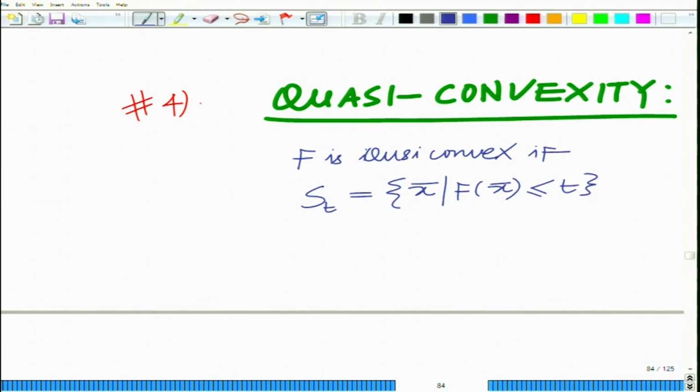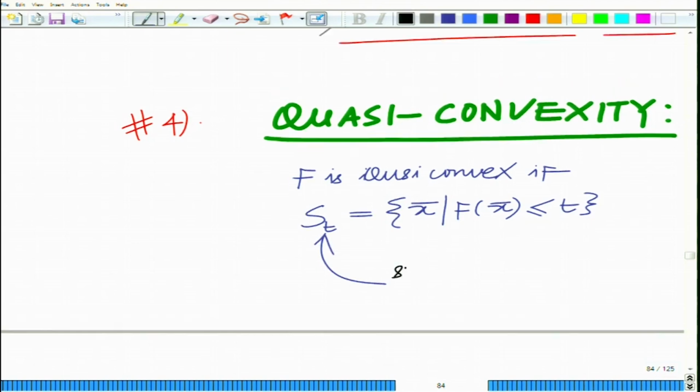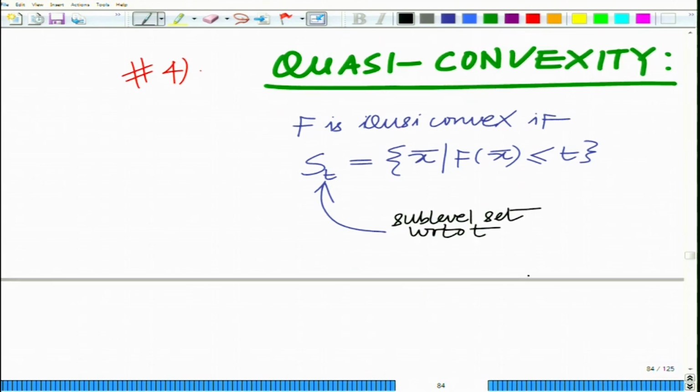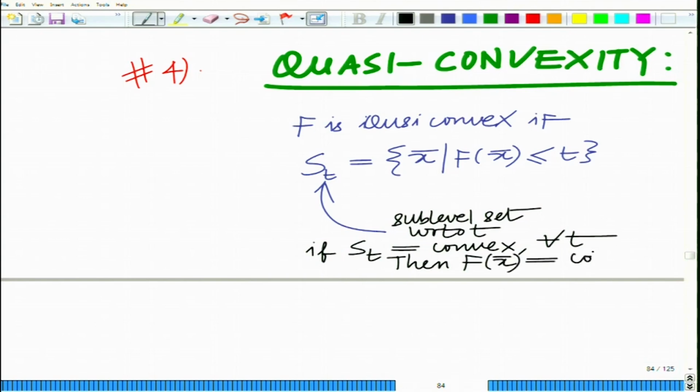This is called a sub level set with respect to t. If the sub level set with respect to t is convex for all t, then f of x bar is a quasi convex function.